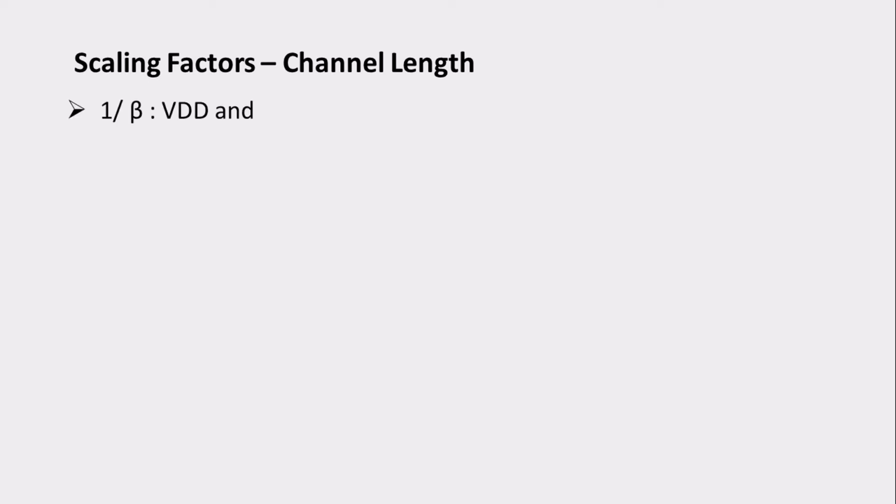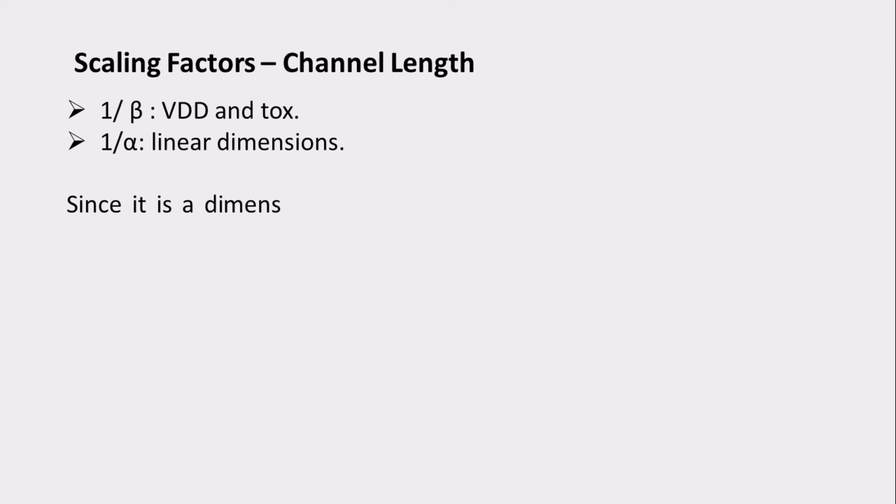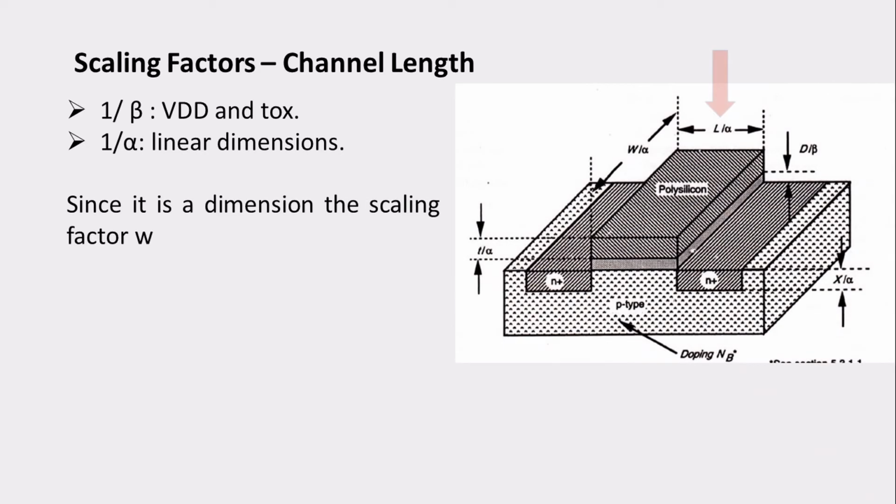So let us look at the first scaling factor, that is channel length. Length is actually the dimension of a MOSFET. Here you can see the MOSFET, and this is the channel length.